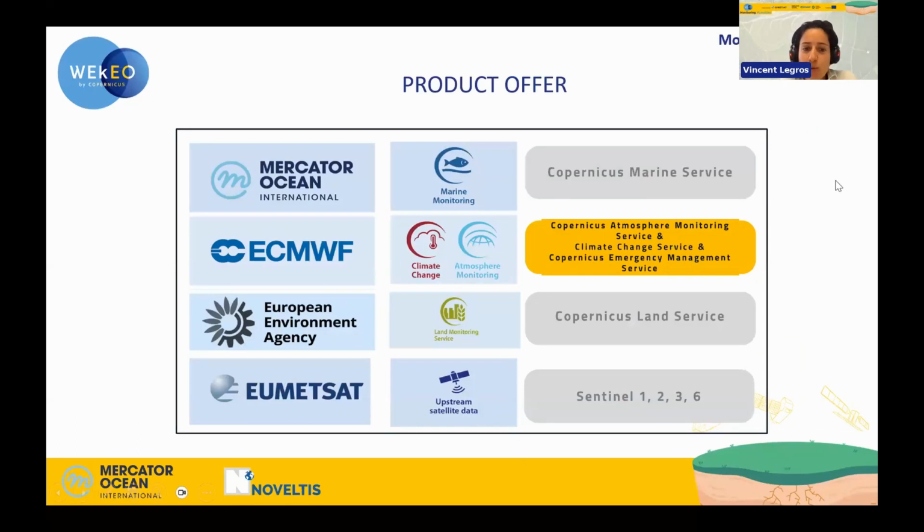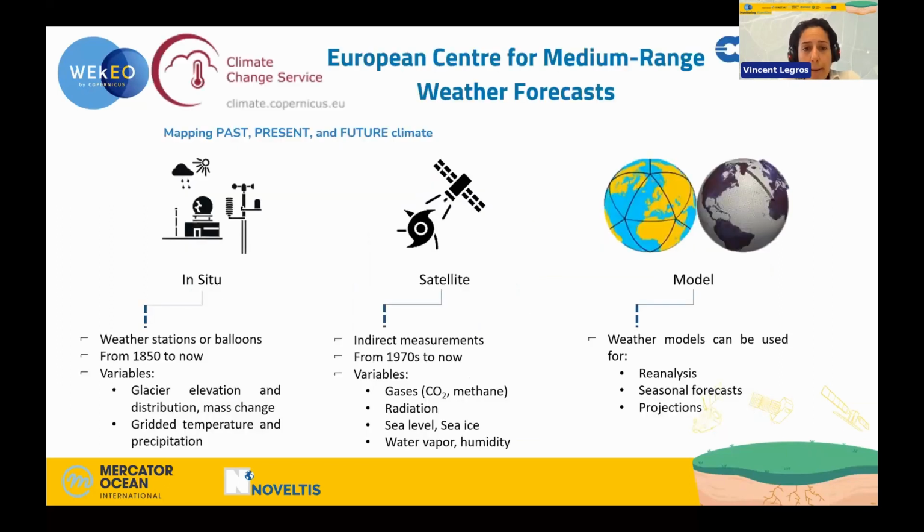If we now go and talk about the climate change and atmosphere monitoring services, and also the emergency management service, which are all operated by ECMWF. If we talk about the climate change service, the goal is to monitor the climate in the past, in the present, and the future.